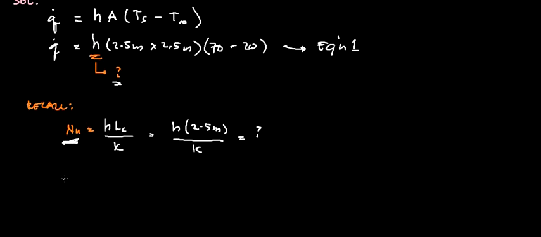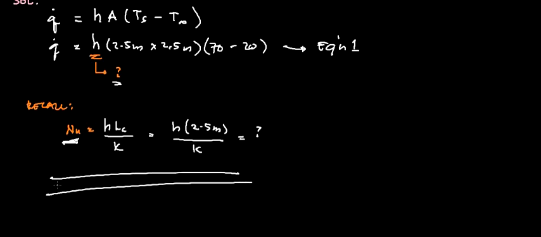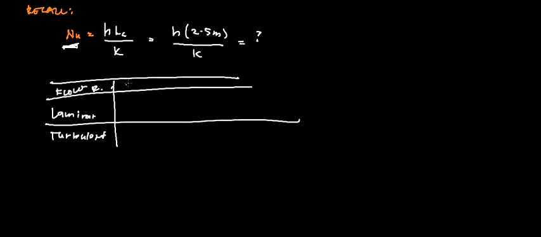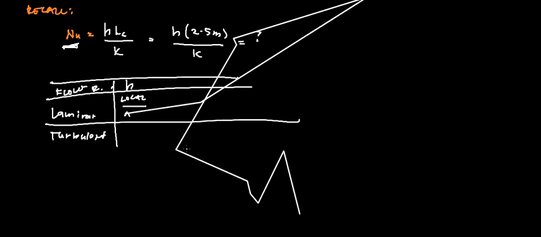If you can still remember, I have also presented a table with the flow regime, laminar and turbulent flow, with a heat transfer coefficient depending on the condition, if you want the local or the average one.